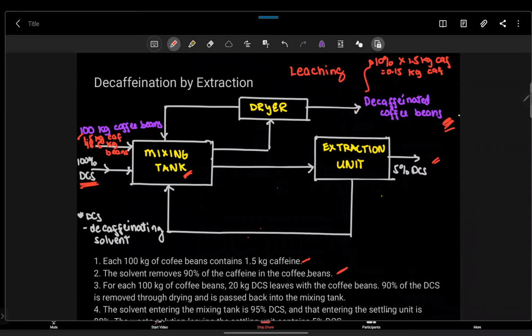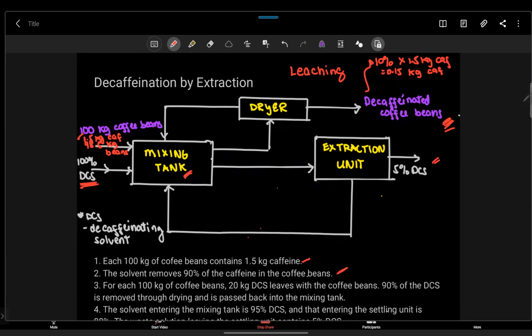Okay? So 0.15 kilogram. Yung 90%, which is yung caffeine na na-remove ng solvent, ay mapupunta sa ibang part ng ating process. Okay? So yung 10% dito, yun lang yung natitira ng caffeine.